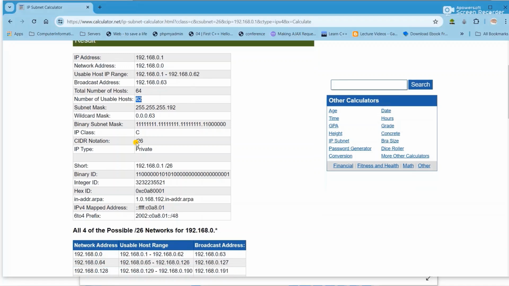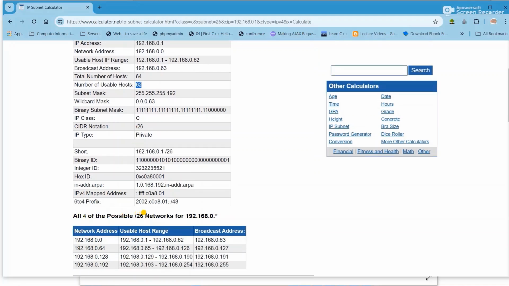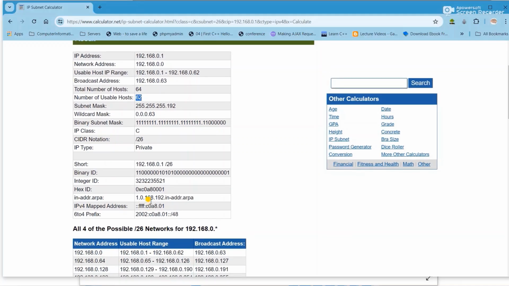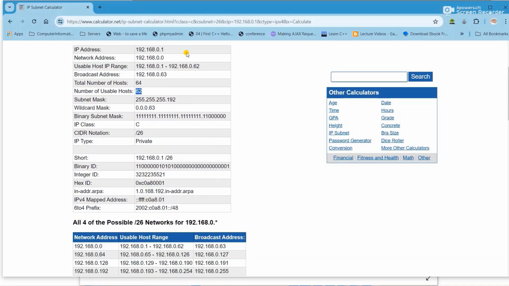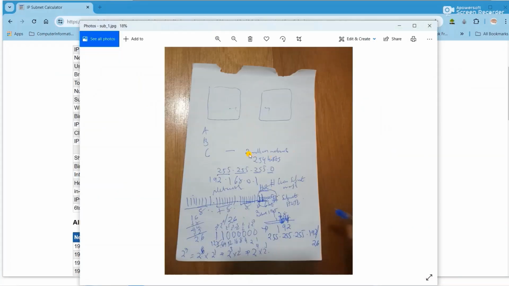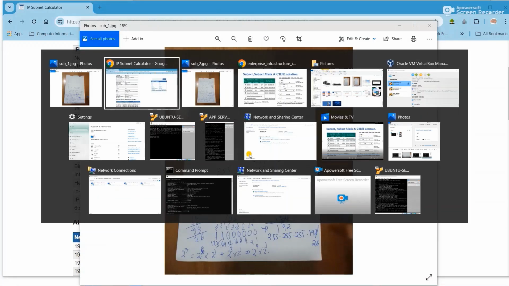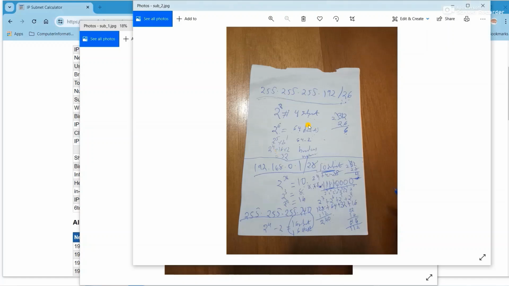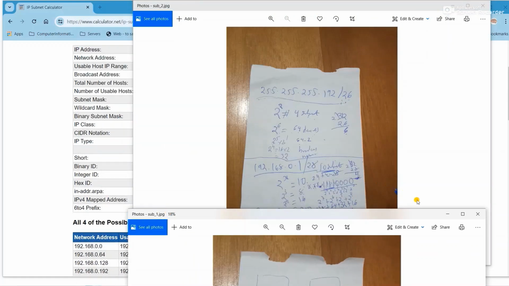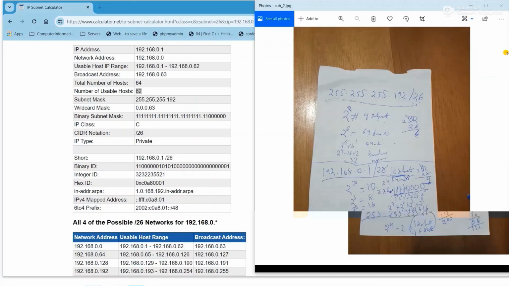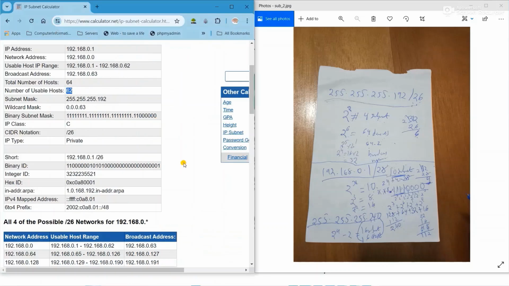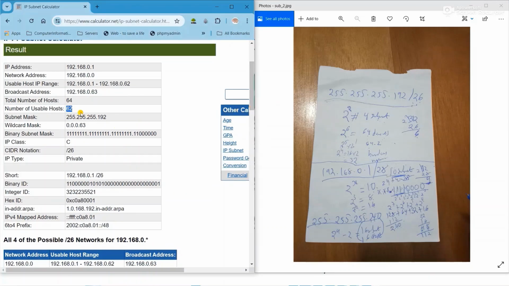And we have all 4 possible 26 networks, which is good news. So our calculation was correct: 64 devices and 4 subnets. We actually got it correct.